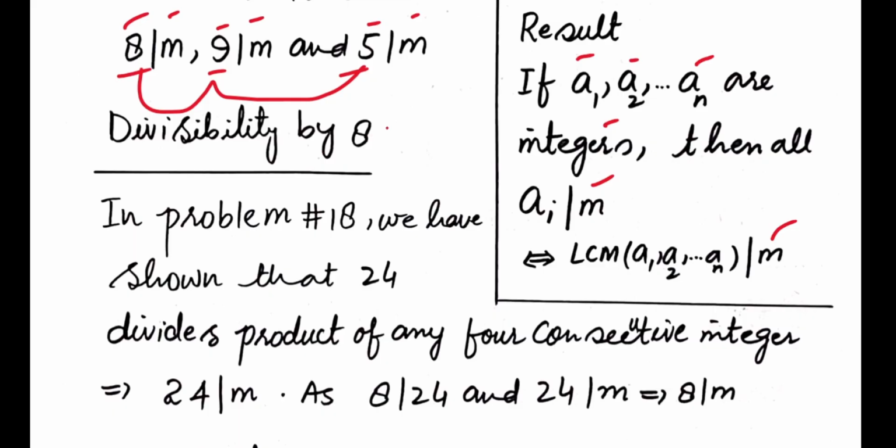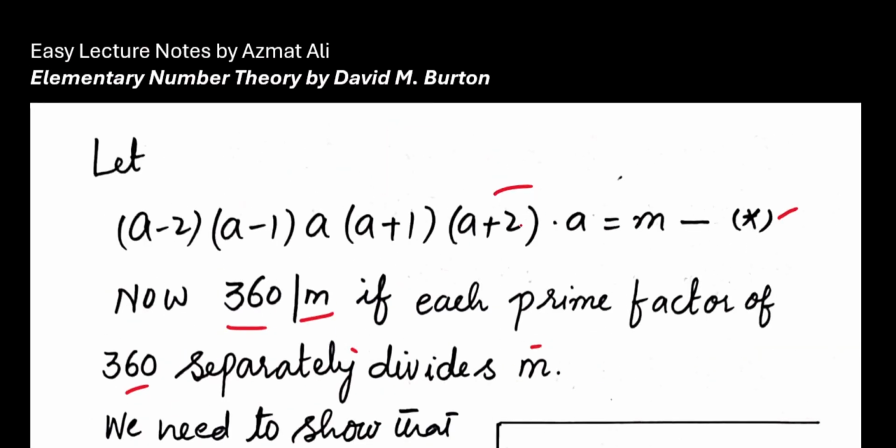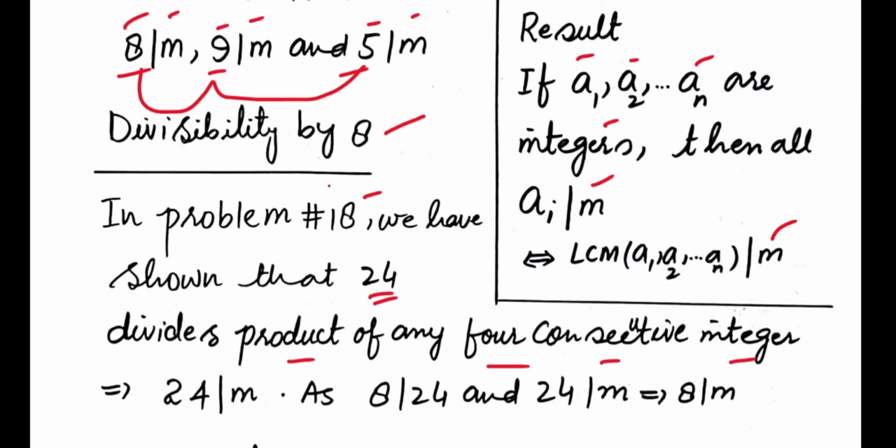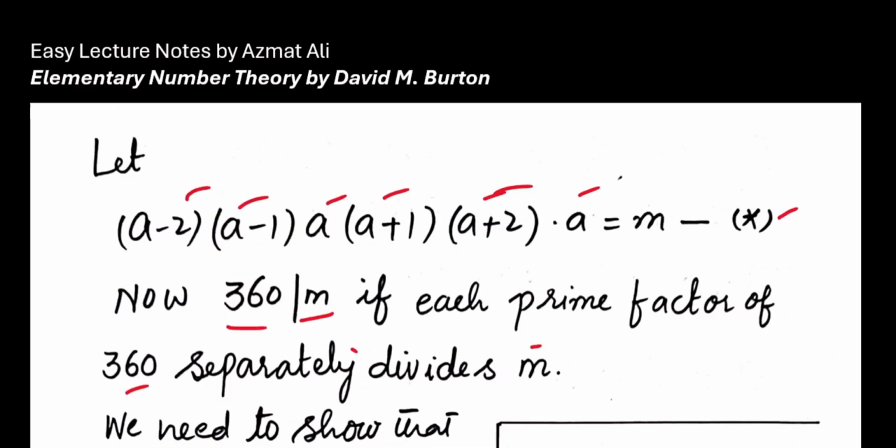So, divisibility by 8. In problem number 18, we have shown that 24 divides the product of any 4 consecutive integers. In our given problem, we have 6 consecutive integers, 1, 2, 3, 4, 5, 6. But in problem number 18, we have shown that the product of any 4 consecutive integers is divisible by 24. Suppose these are the 4 consecutive integers which are divisible by 24.